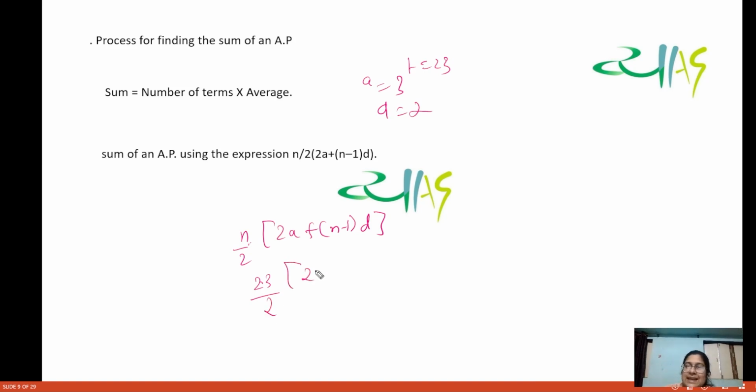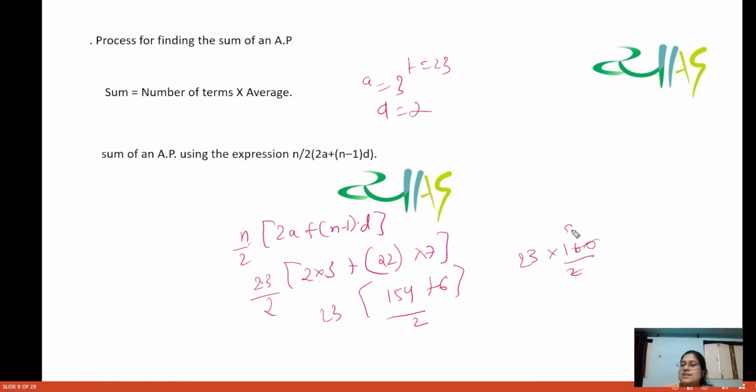So here we are checking by the formula, that is all we are doing. So n-1 here will be 22 obviously, and D is 7. So you have 154 plus 6, divided by 2 and 23. So this is basically 23 into 160 by 2, that is 80 itself.